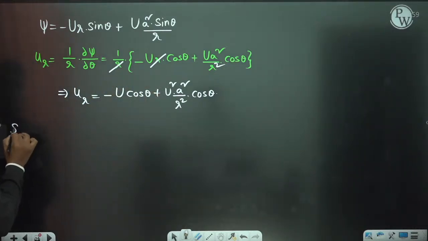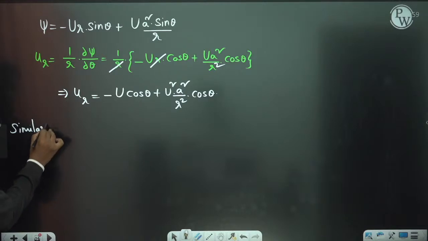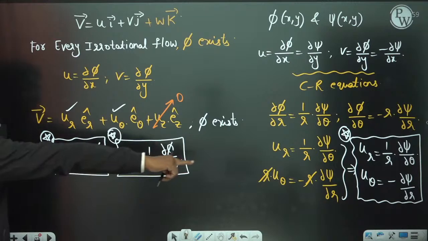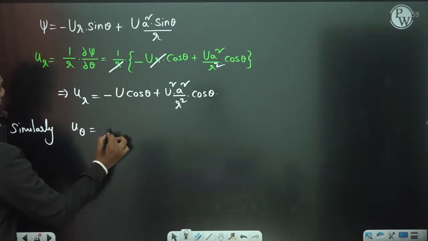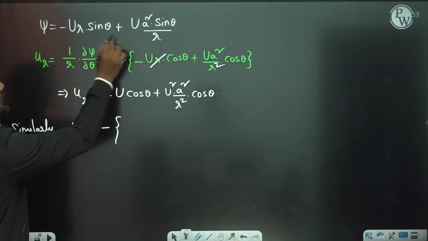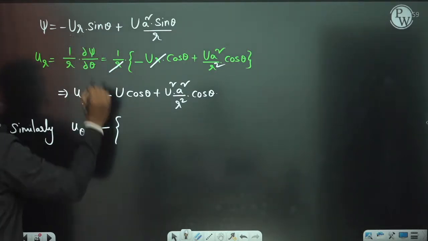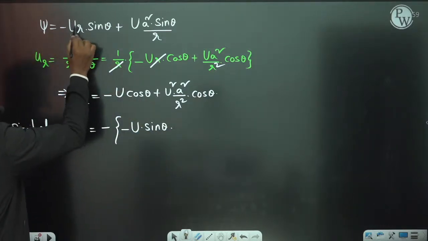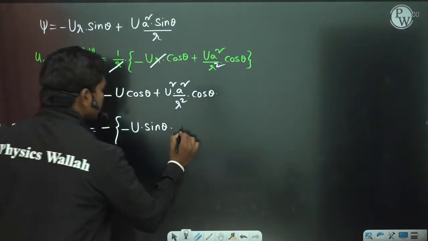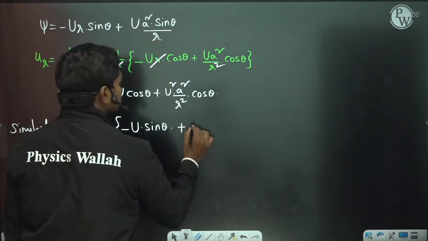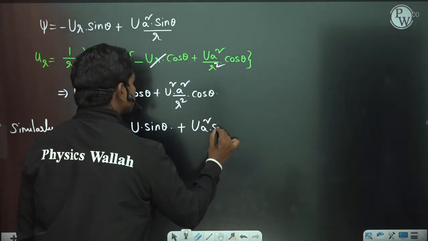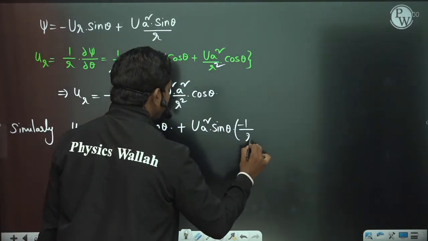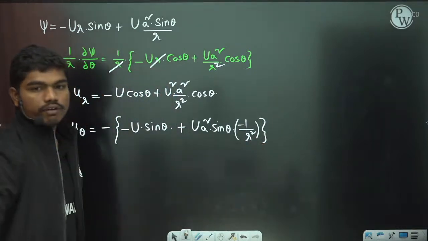Similarly, if you calculate the u_θ velocity in the azimuthal direction, u_θ is minus ∂ψ/∂r. If you differentiate this function with respect to radius partially, minus U sin θ is constant, times the derivative of r, which is 1, plus U a² sin θ is constant, then the derivative of 1/r is minus 1/r².